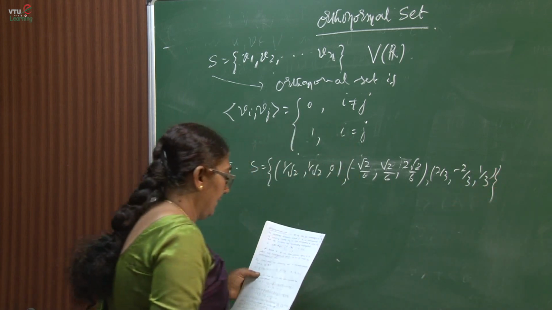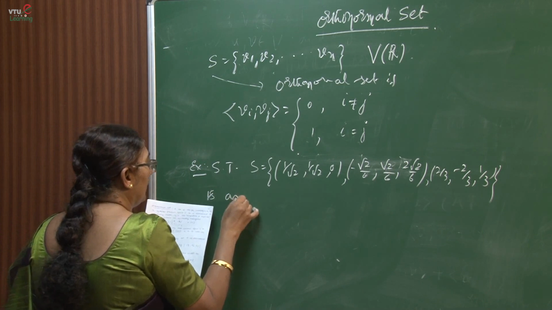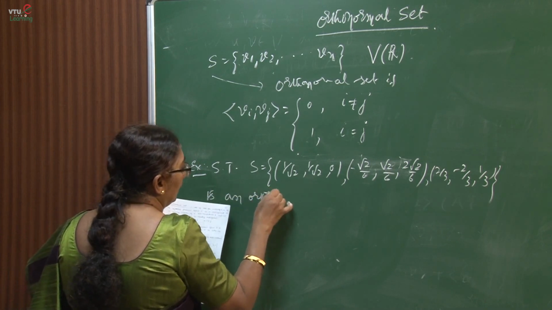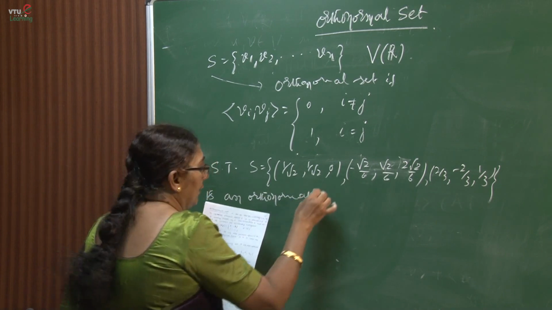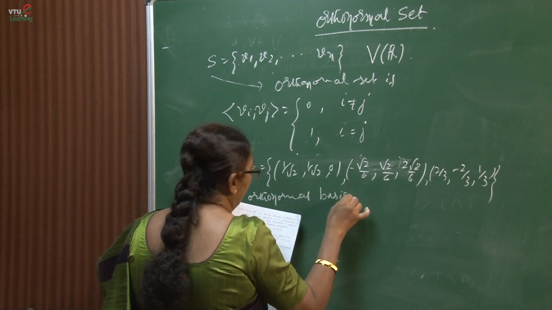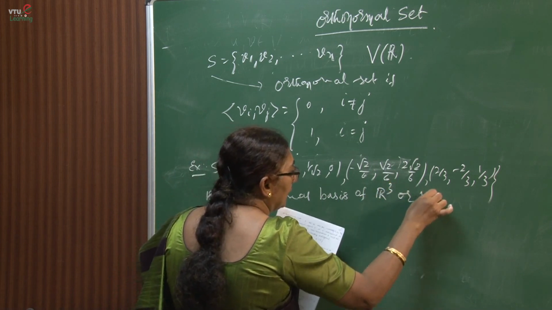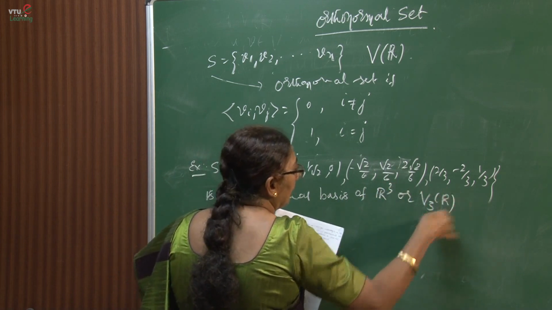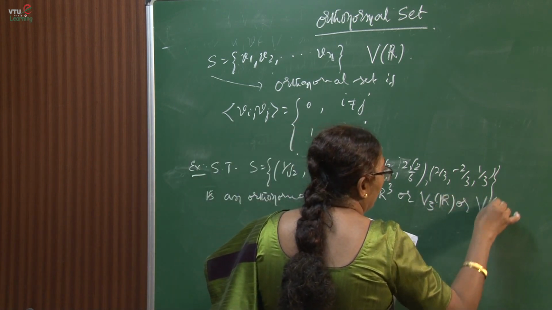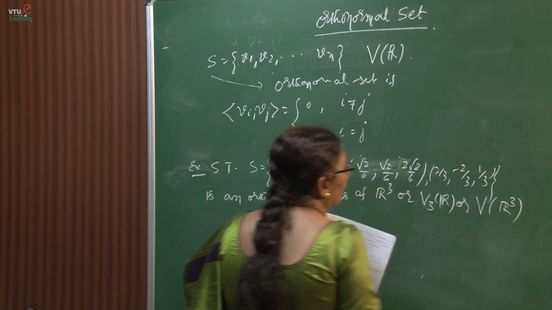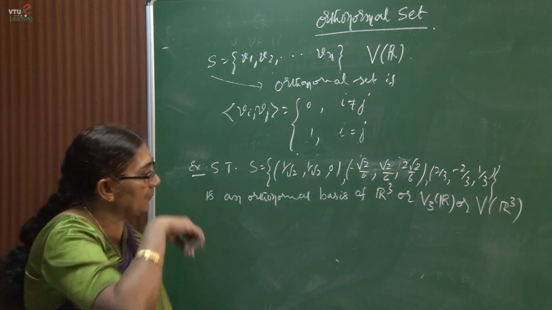These are the vectors. Show that S is an orthonormal basis of R power of 3. R cubed, V3 of R, or V are all the same because each vector has 3 components.